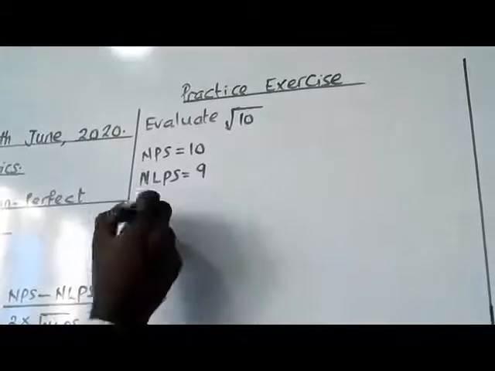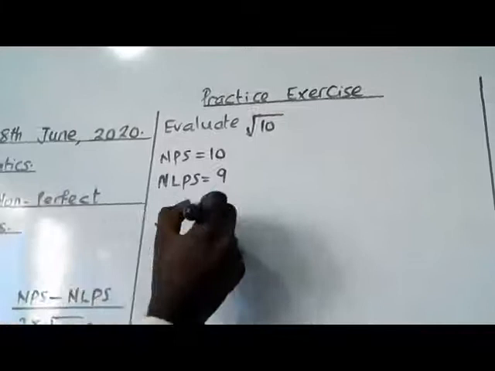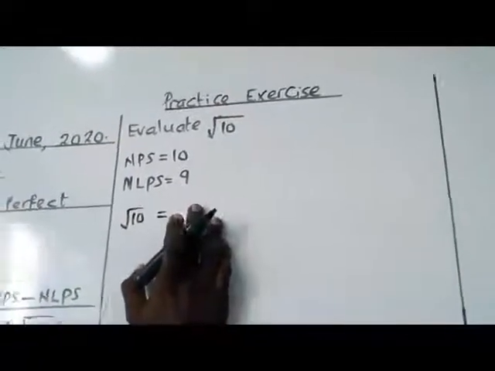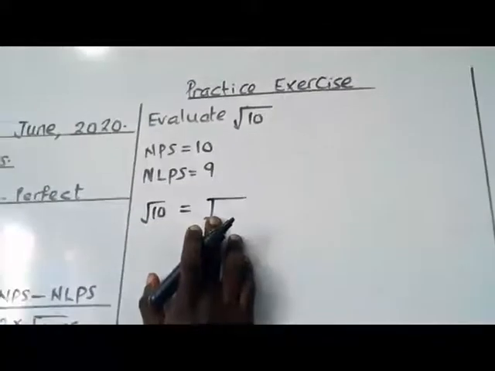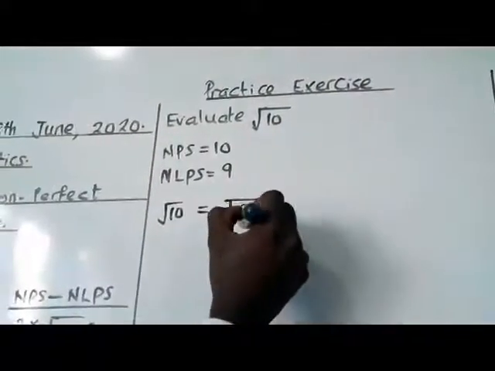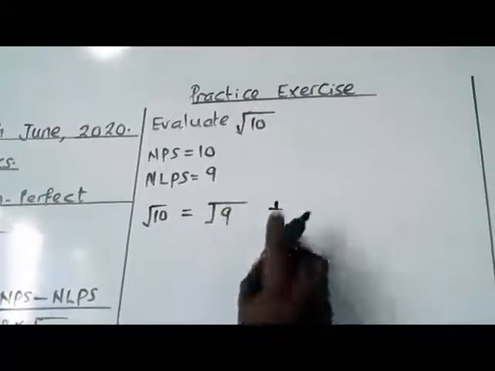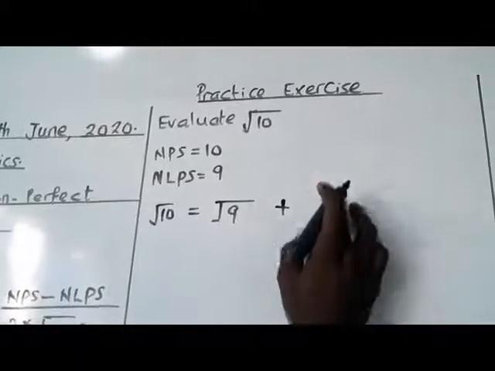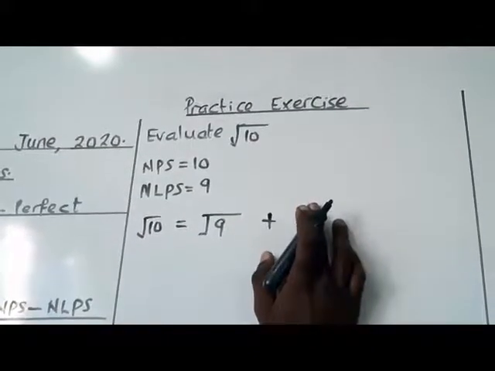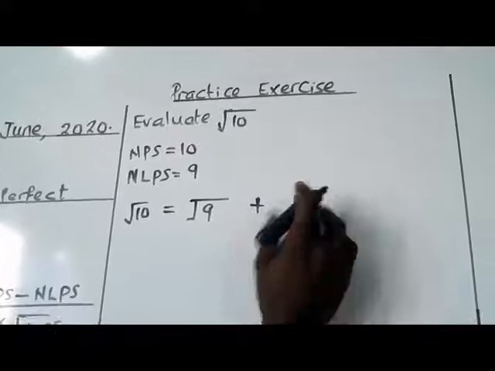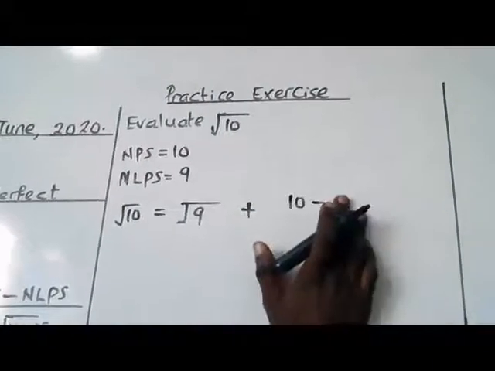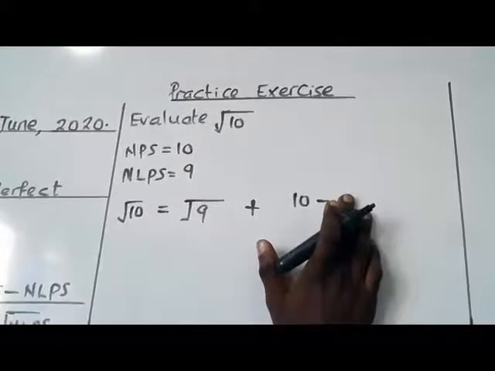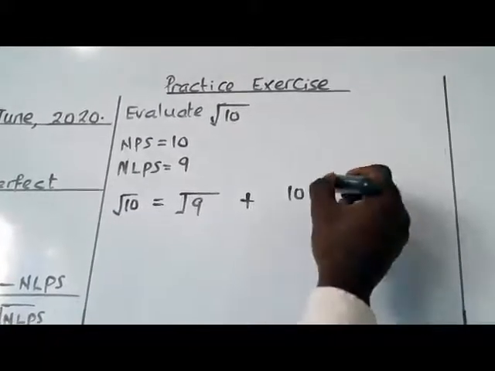So now let's go with the formula. Square root of 10 will be equal to, what am I writing here first? Square root of the next lower perfect square. That will be square root of what? 9. That is very correct. Now it's going to be plus, what is the first thing I'm writing? Next non-perfect square. That's very correct. And that is 10 minus the next lower perfect square. Correct. That's 9.